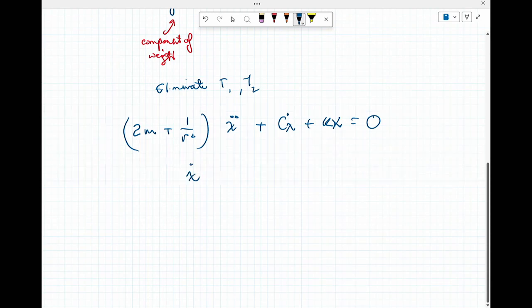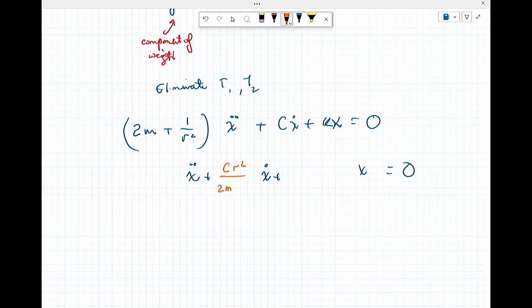And if I go a little bit further, x double dot plus x dot plus kx, I am going to end up with CR squared over (2m r squared plus 1) and kr squared over (2m r squared plus 1).